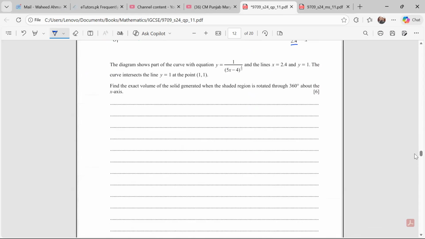So the volume is equal to the integral from 1 to 2.4 of pi minus pi over (5x minus 4) to the power 2/3, all integrated with dx. This is what we did before.